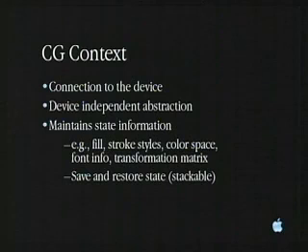One thing that's also part of the CG context is state. What I mean by state is, it's similar to QuickDraw where you're setting the color, you're setting the font. You set that into the CG context, and until you change it again, the state is maintained.